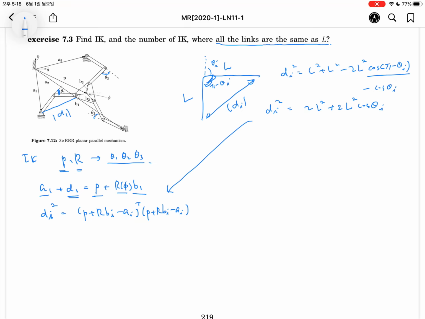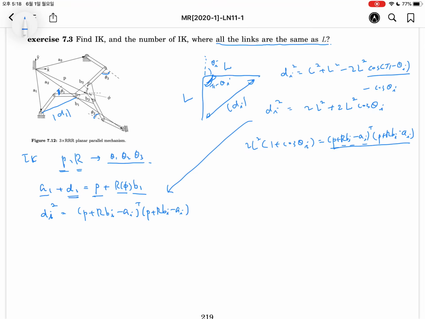It can be applied to here. So 2 times L square (1 plus cosine theta i) is equal to (P plus R Bi minus Ai) transpose (P plus R Bi minus Ai). Right hand side, we know, because for the IK problem P and R are given, and B and A are constant vectors dependent on the mechanism.